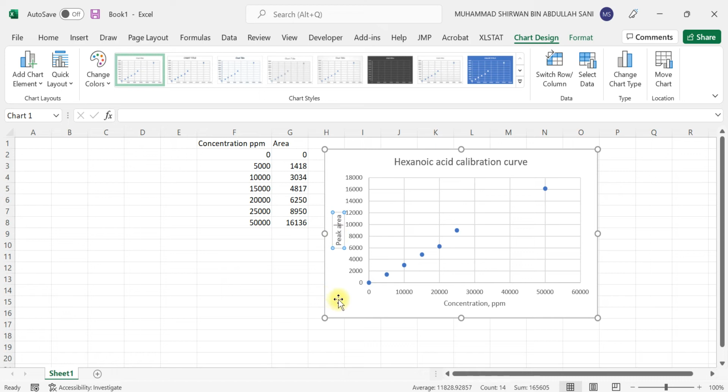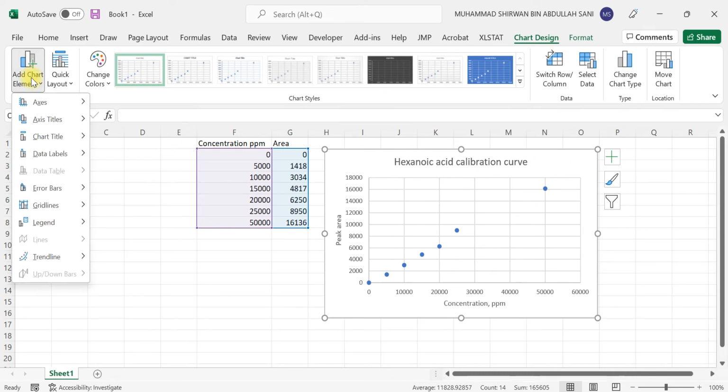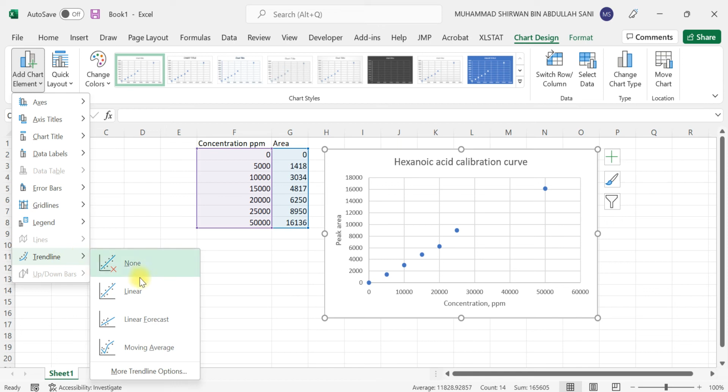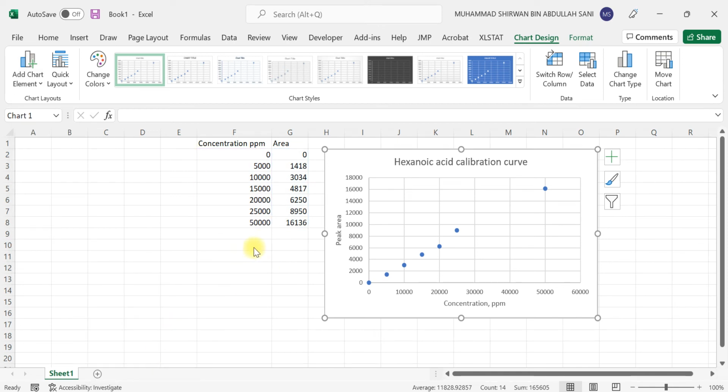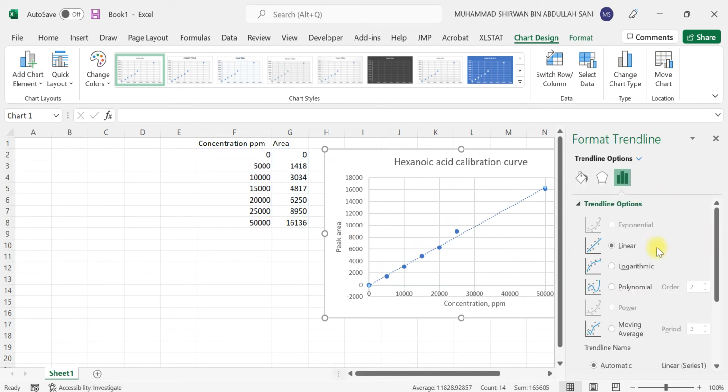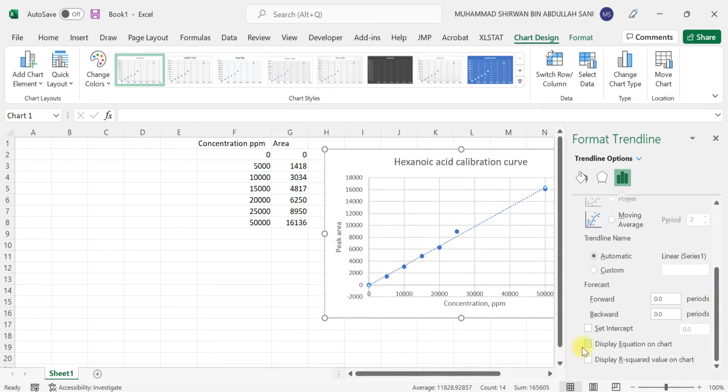Okay, and then from here we can identify the r squared. To introduce this, we go to trend line and choose more trend line options. Ensure we click linear here. Then click display equation on chart and display r squared value on chart, and you can get it here.